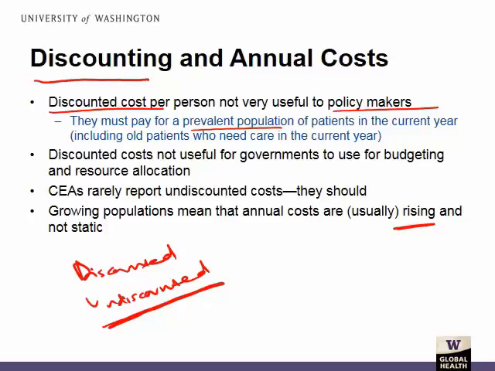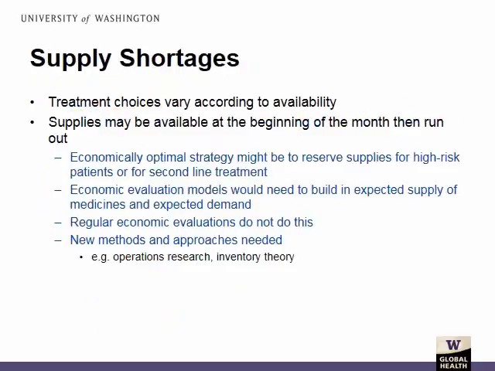Another interesting twist in performing economic evaluations in low-income countries is the idea of supply shortages. So when I worked in a hospital in southwestern Uganda, the beginning of the month was a good time for patients because the truck came from the national medical stores with all kinds of supplies for surgery and medicines and stuff.